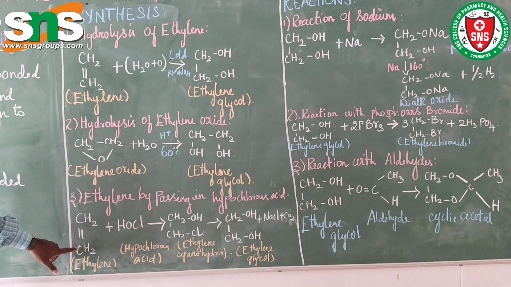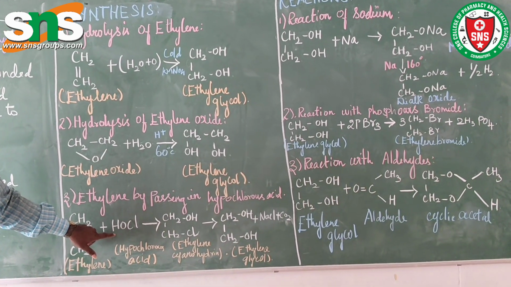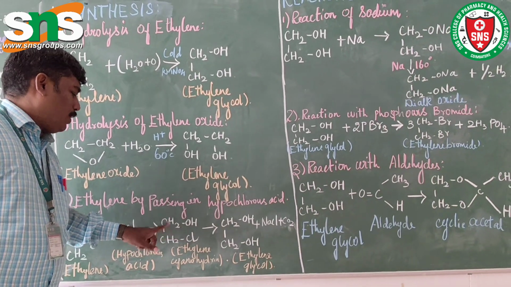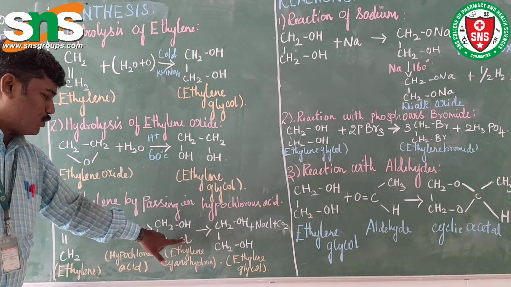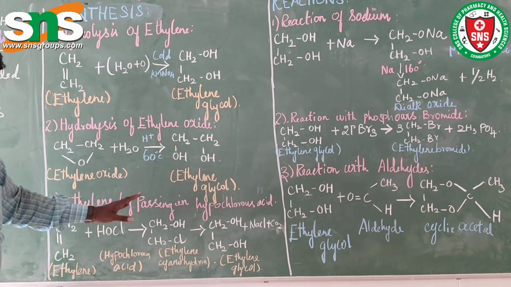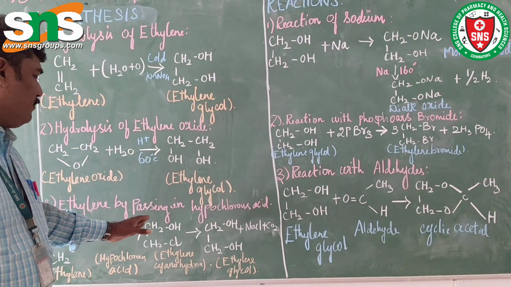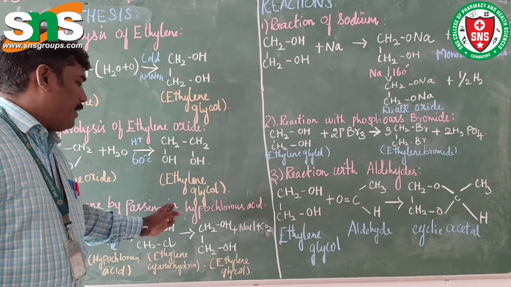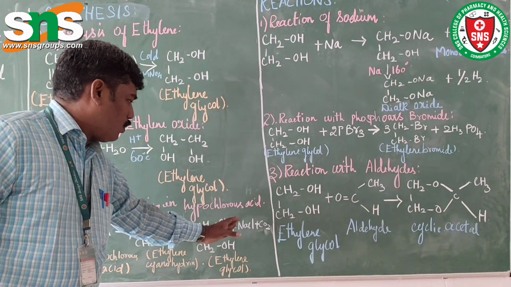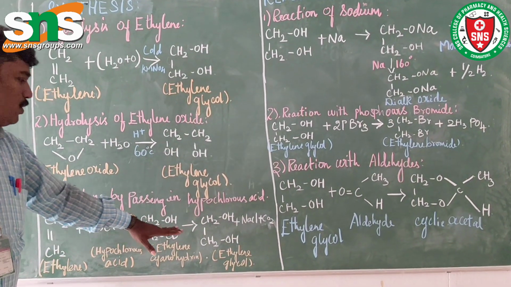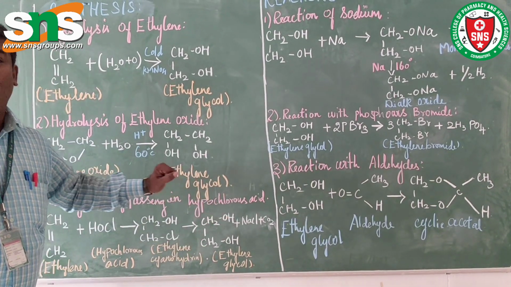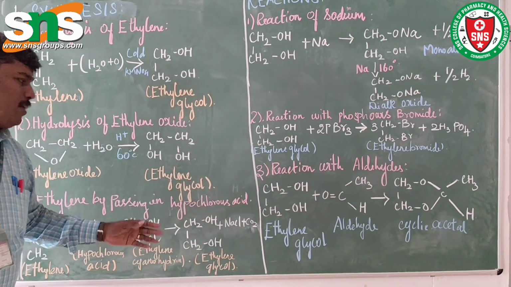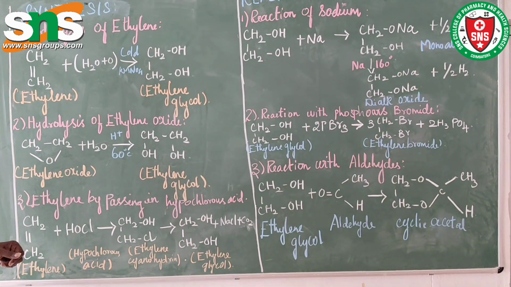CH2=CH2 on treatment with HOCl will be converted into chloroethanol, that is CH2OH, CH2Cl, which on further treatment with sodium hydroxide, or sodium bicarbonate, will be converted into ethylene glycol, CH2OH, CH2OH, with the elimination of sodium chloride and carbon dioxide.